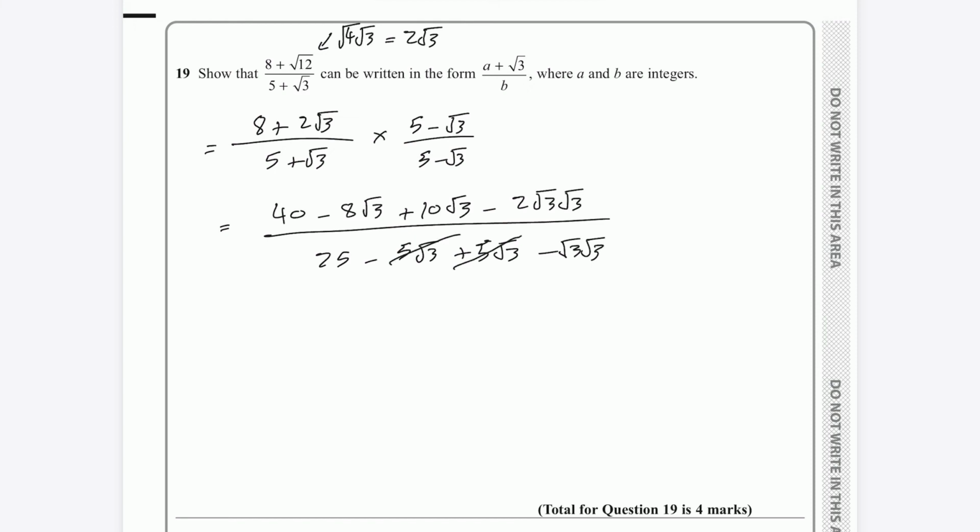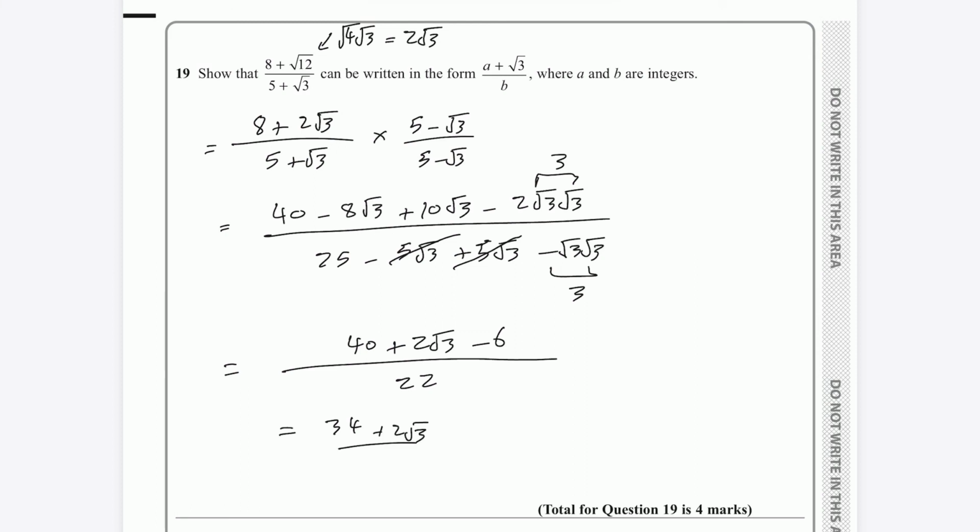So these two cancel out. This here becomes 3. So in the denominator, we are now left with 22. At the top, this becomes a 3, so that's 3 times 2, which is 6. So that's going to leave us with 40 plus 2 root 3 minus 6. And then that becomes 34 plus 2 root 3 over 22.